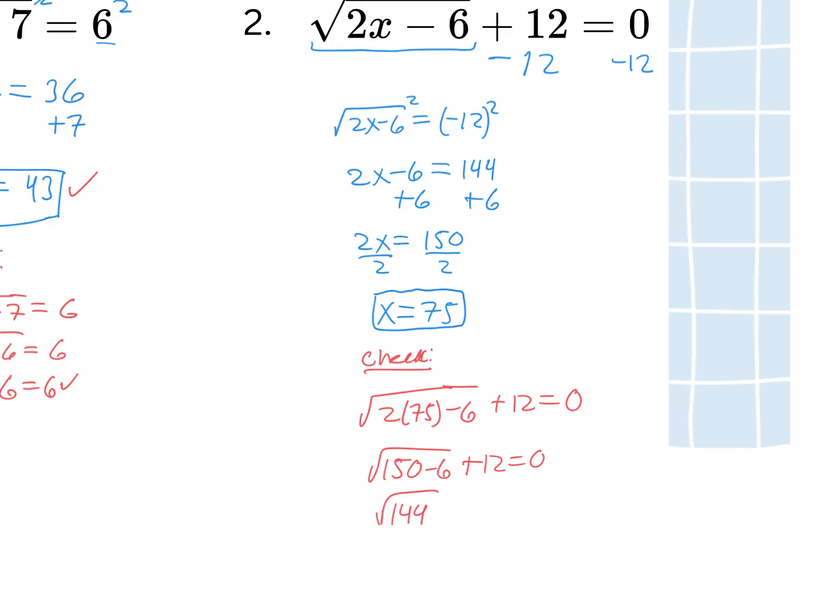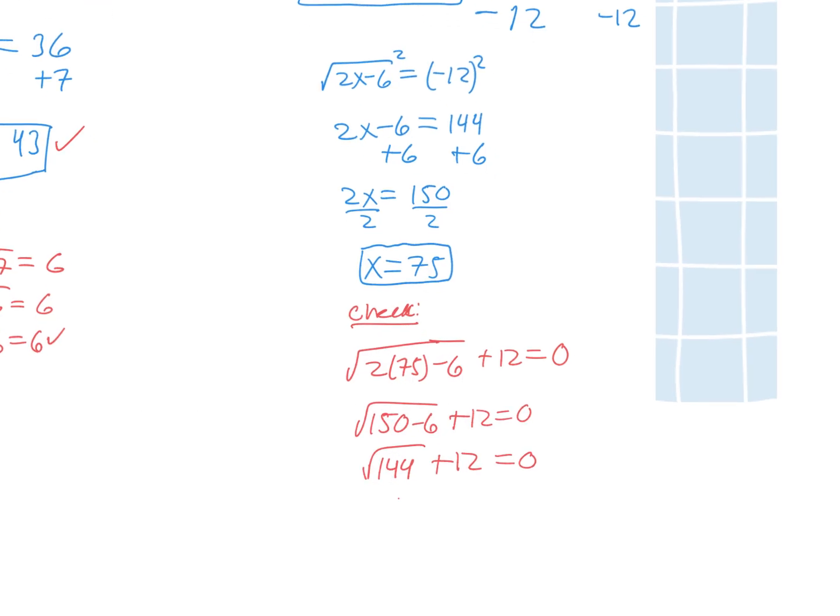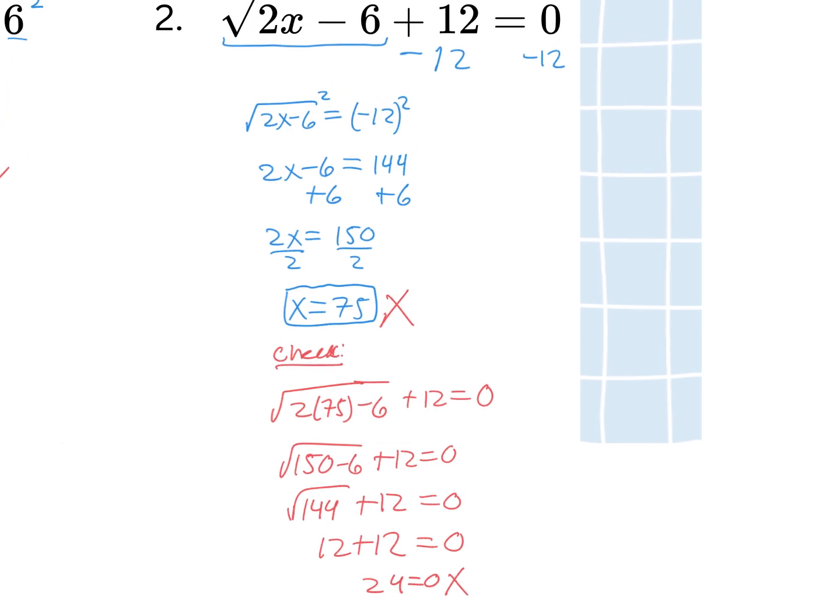Then we keep going: the square root of 144 plus 12. The square root of 144 is 12, so I get 12 plus 12 equals 0. We see that when we plugged 75 into our original equation, we end up with a false statement. I end up with 24 equals 0, which is not true. So this one actually has no solution. Even though we mathematically got 75 as an answer, it didn't make sense when we plugged it back into the original equation.